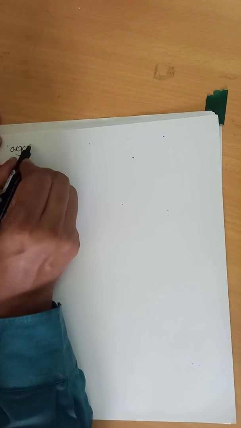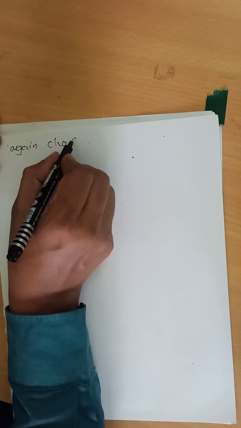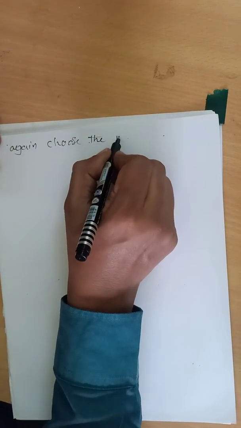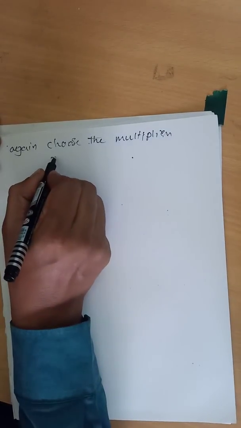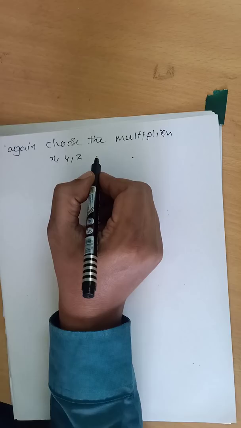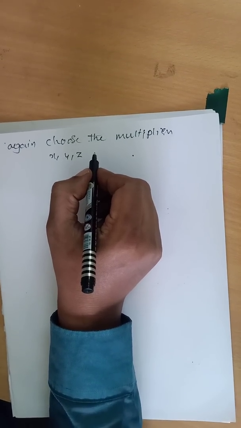Again choose the multipliers x, y, z for making the denominator 0.